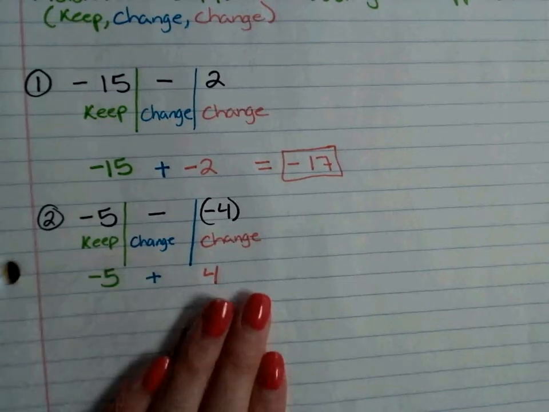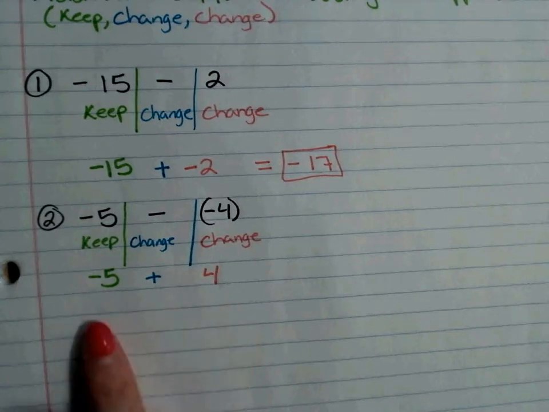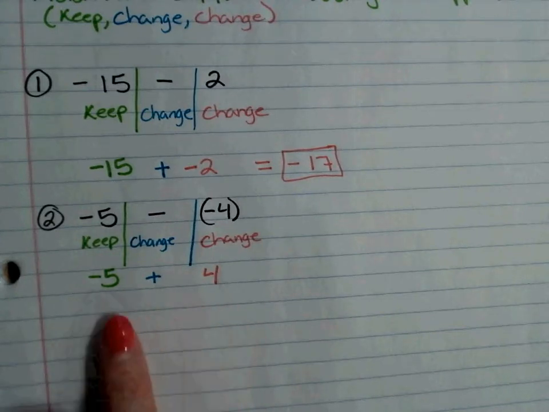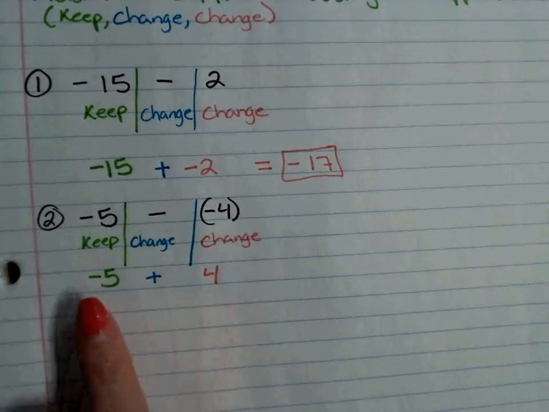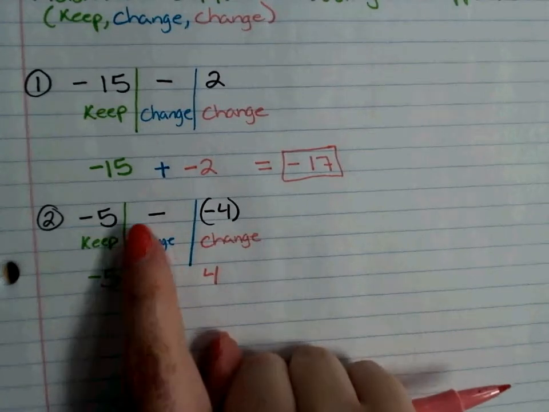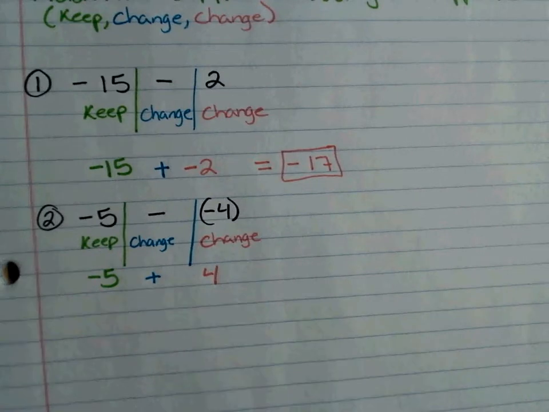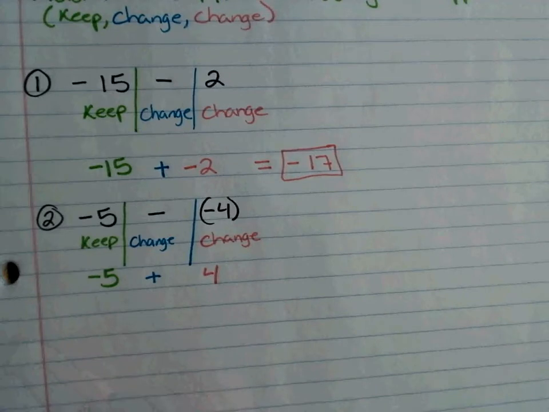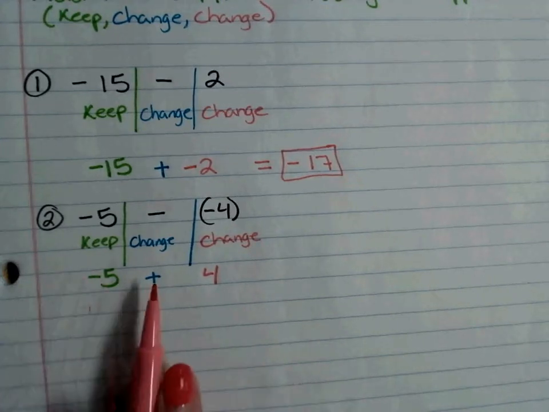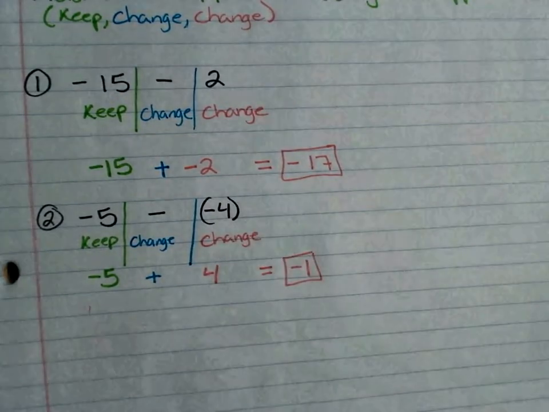So now we've got that addition problem, negative 5 plus a positive 4. They're different signs. When they're different signs, you're really going to subtract them. That's a negative and that's a positive. Because of the additive inverse, we never keep it in subtraction format. We always change it into an addition problem. Okay? So once we've got it in an addition problem, then we just follow our addition rules. So negative 5 plus 4 is going to give us a negative 1.